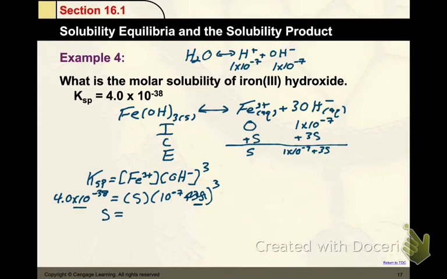I'm going to get an s by taking 4.0 times 10 to the minus 38 divided by 10 to the minus 7 cubed.